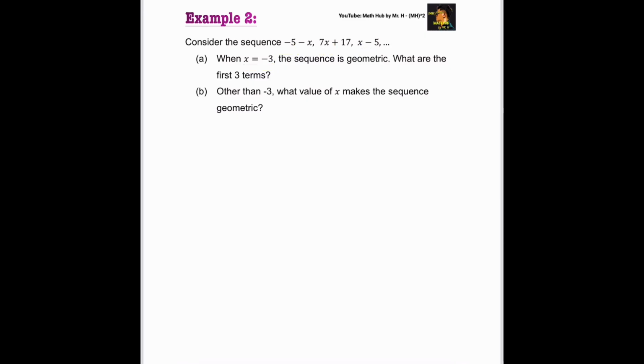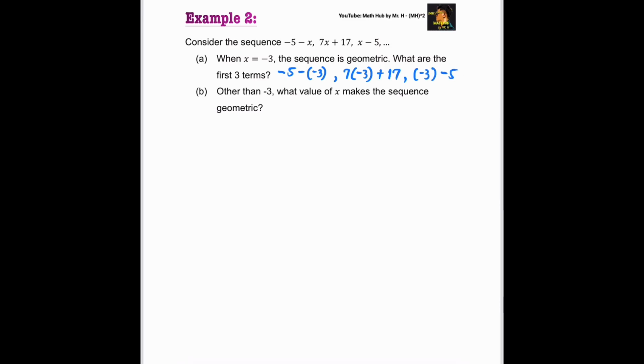All right, so let me write the answer here. So for the first term, -5 minus -3. Second term is 7 times -3 plus 17. And the third term will have -3 minus 5.